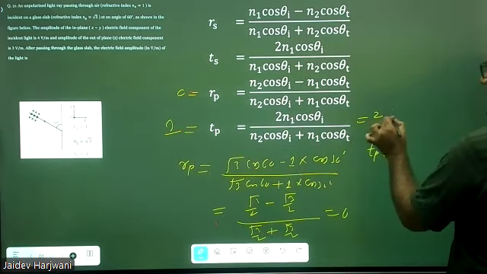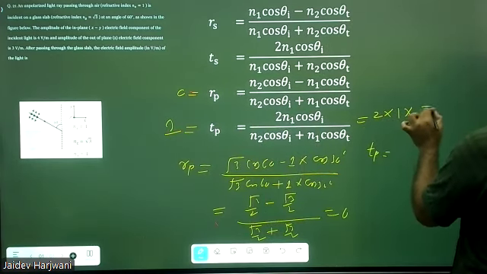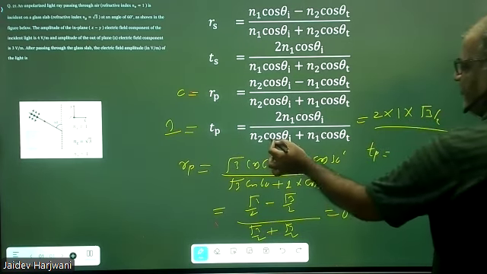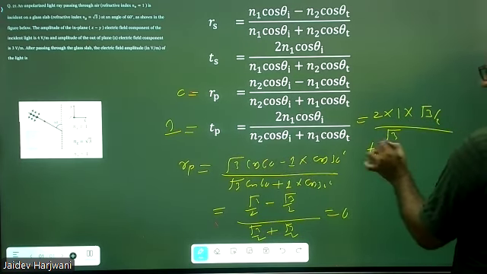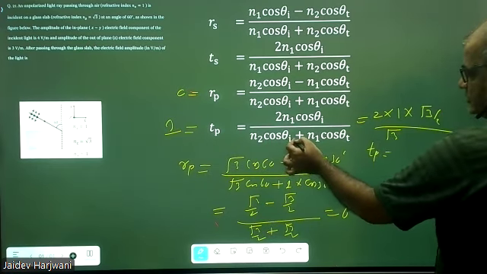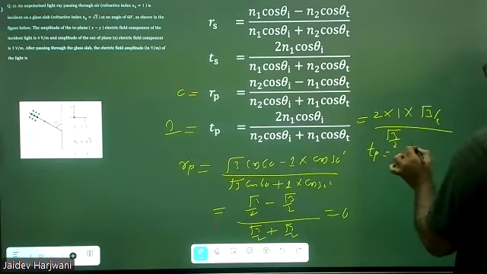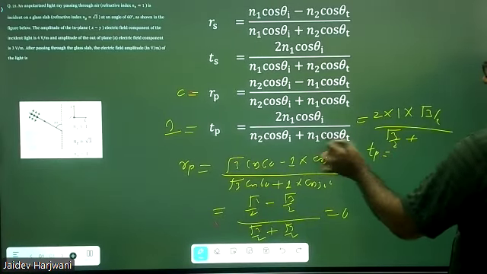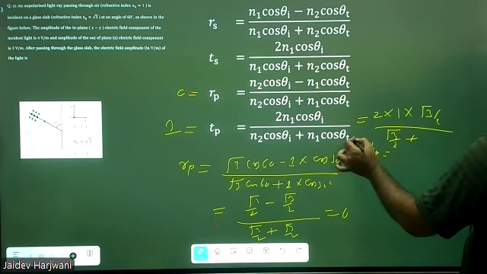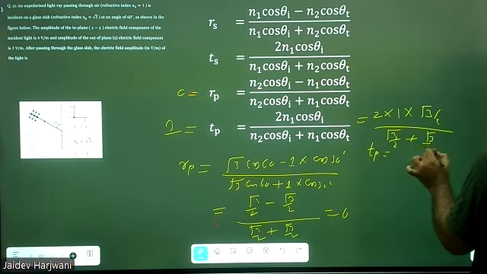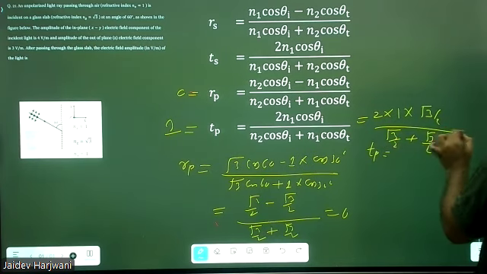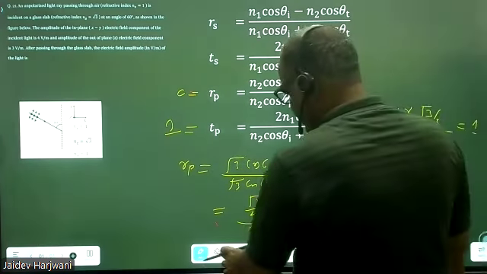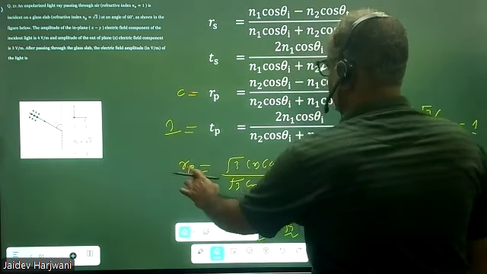So this is 2, n1 is 1, cos theta I root 3 by 2, and n2 is root 3, cos theta I cos 60, cos 60 is 1 by 2, and here you have again n1 is 1, cos theta I 30, that is root 3 by 2. So this becomes 2, so this becomes 1. So this is, I told, completely pass without any loss.